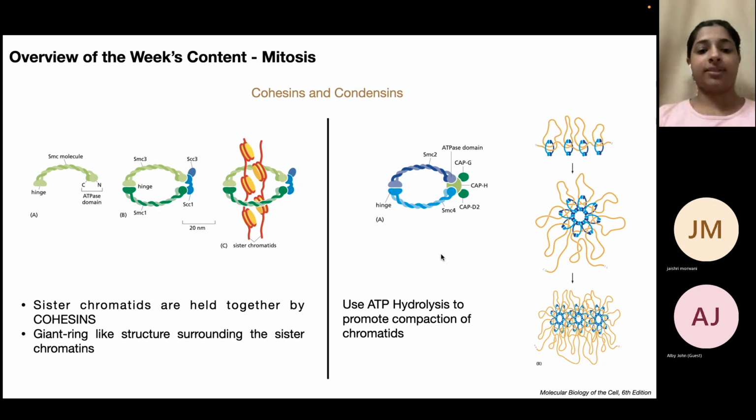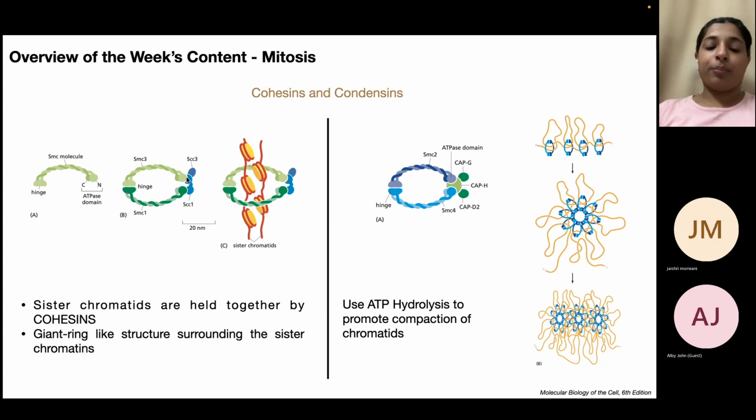Now the cell has ensured that it is replicating the DNA. Now if it completely loses the sister chromatids, then one copy will float off to one end of the cell, the other copy will float off to the other end of the cell, and equal partitioning will become impossible. So in order to avoid this, the cell has these proteins known as cohesins.